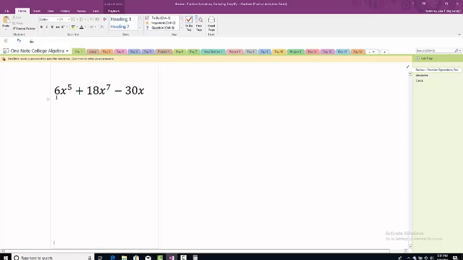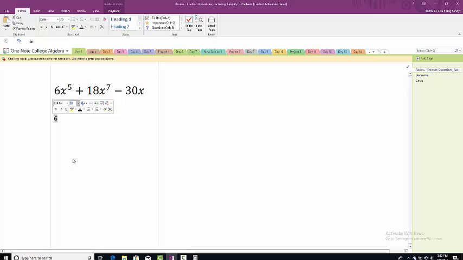In other words, 6, 18, and 30. 2 goes into each of them. So it could be that we divide out a 2. But also 3 goes into each of them. And also 6 goes into each of them. So you have to make sure you get the greatest common factor. So 6 can divide into each of these numbers evenly. So the first thing we're going to do is take out a 6, or factor out a 6 is the proper way to say it.